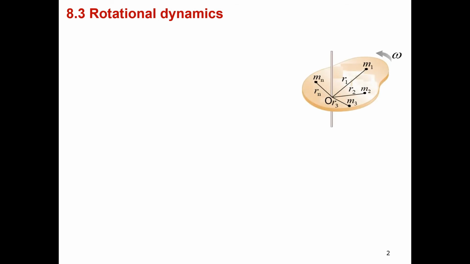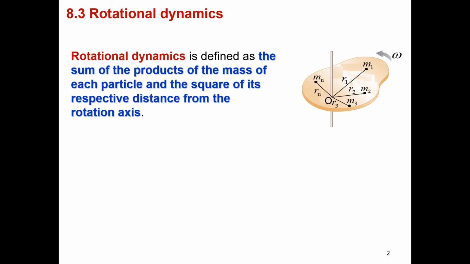Rotational dynamics. Rotational dynamics is the third subtopic in rotations of rigid body. Moment of inertia can be defined as the sum of the product of the mass of each particle and the square of its respective distance from rotation axis.